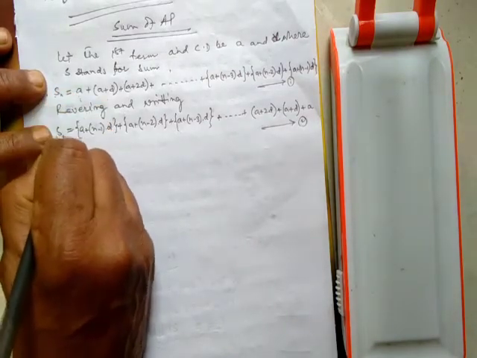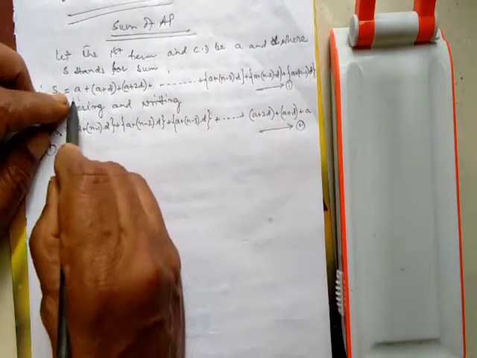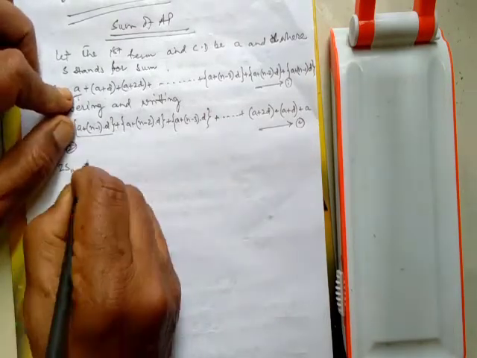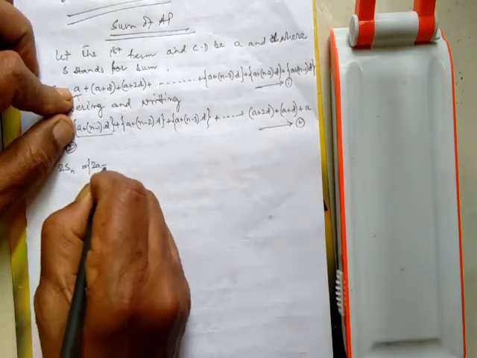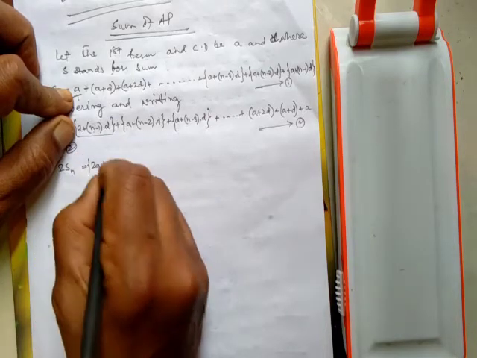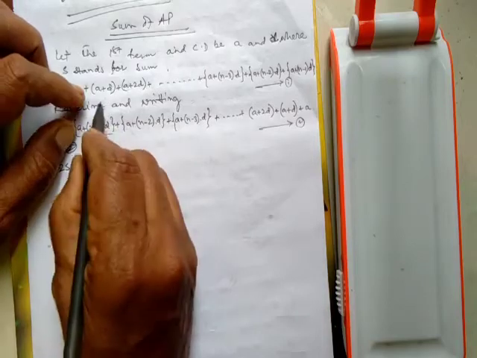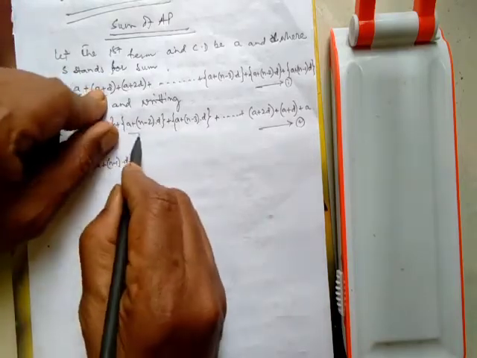It is up to n terms, suppose, is equal to this first term and this term. If you add a plus a, that is 2a, plus (n minus 1) into d, plus this is second term and this is second term.